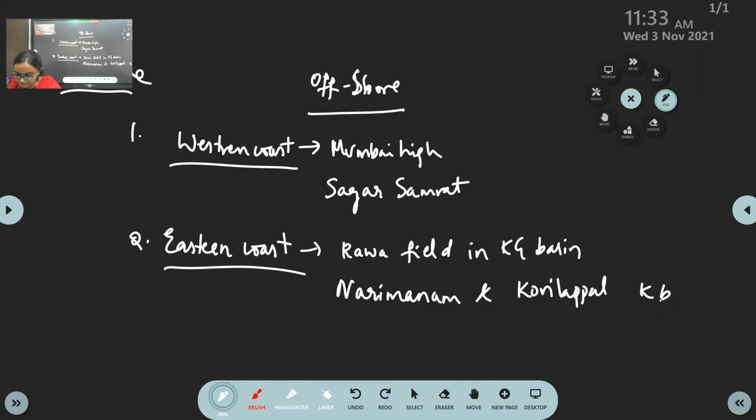the government has decided to set up 5 million metric tons, MMT, of strategic crude oil storages at 3 locations.